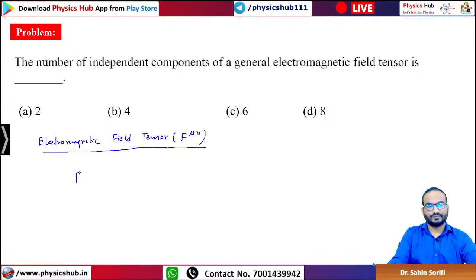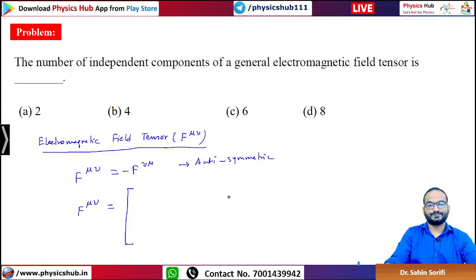F mu nu is equal to minus F nu mu. So the electromagnetic field tensor is anti-symmetric. Now the components of F mu nu, just write it for the timing. We will be discussing it more when we cover this.